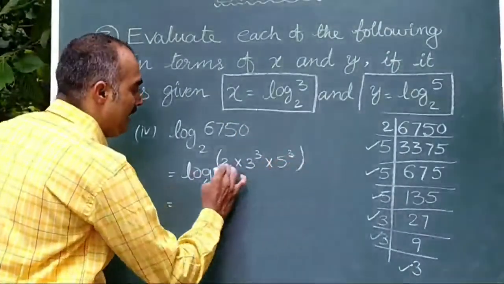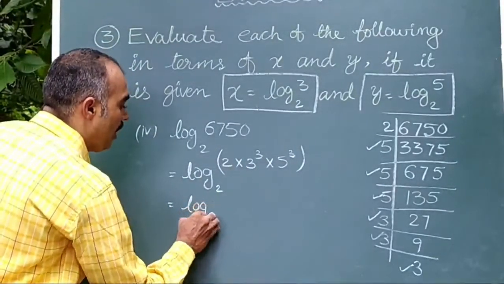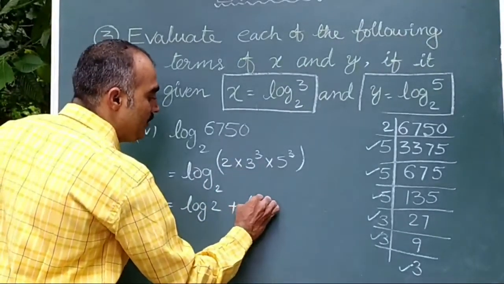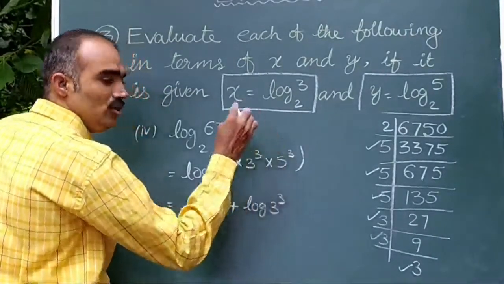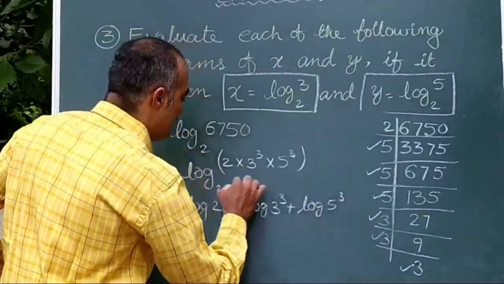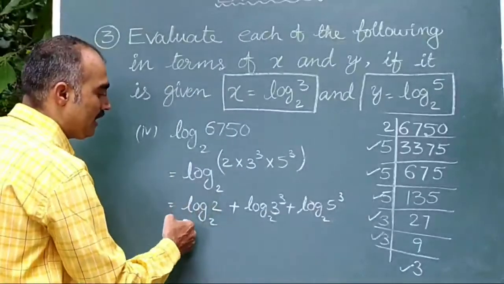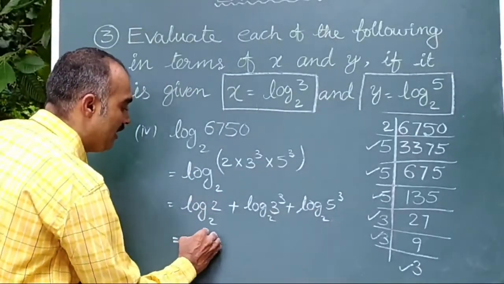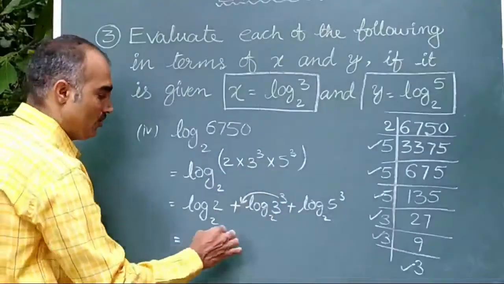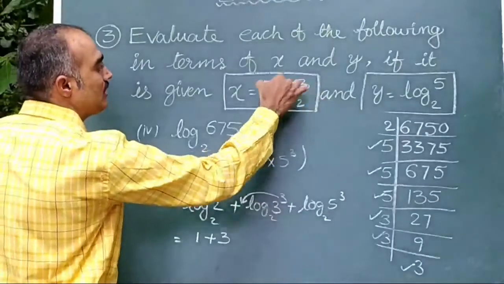Now, let us split this logarithm for each term. So, it becomes log 2 plus log 3 cube plus log 5 cube. See, the same base can be given for all. As you know, children, log 2 base 2 is always 1, plus this 3 comes forward, so it is 3 times log 3 base 2, log 3 base 2 is nothing but x.